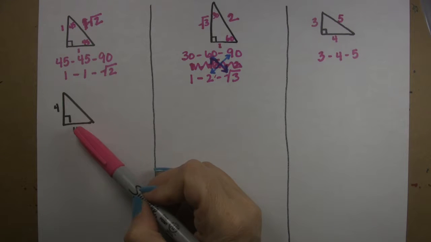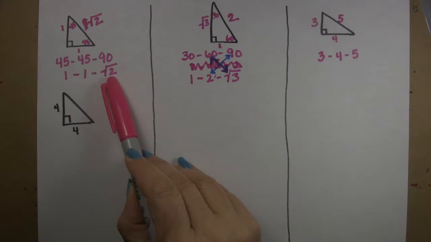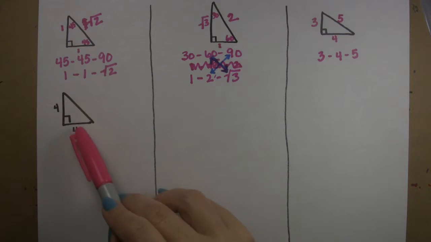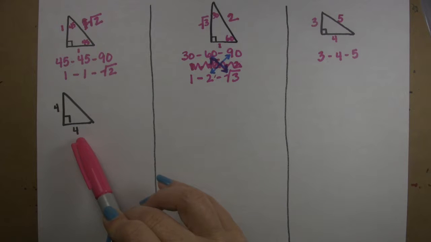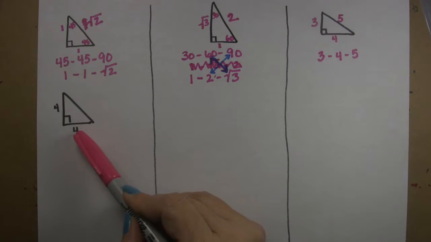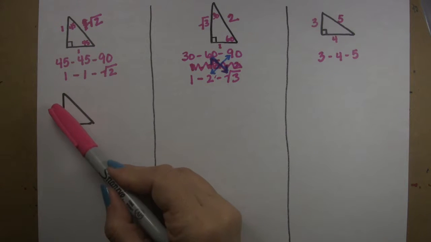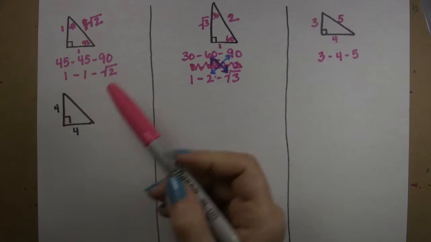I know that I'm dealing with a 1-to-1 to radical 2 situation because I can see that these two sides equal each other. They're in the ratio of 1-to-1. They could be 3.57 and 3.57, or 1,000,006 and 1,000,006. It doesn't matter as long as they match.